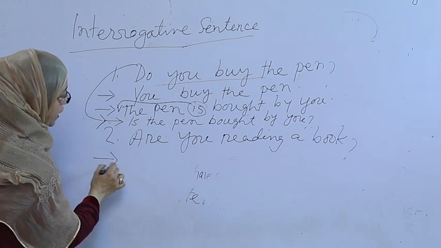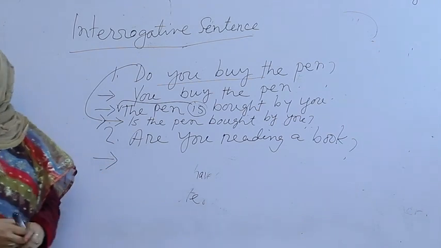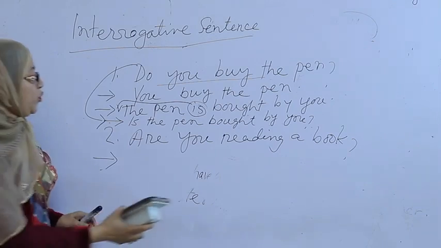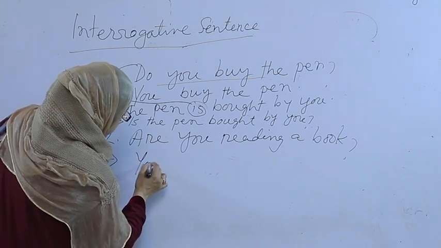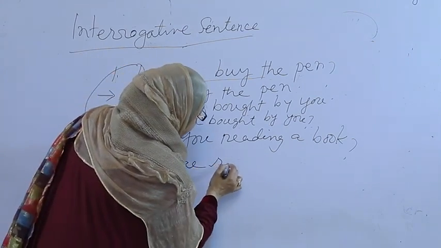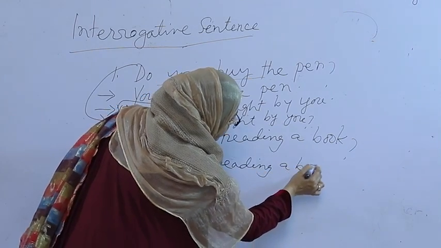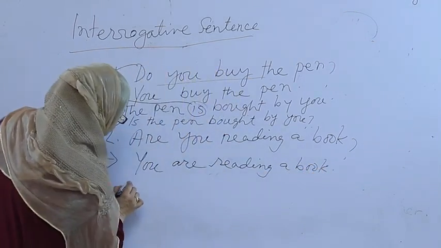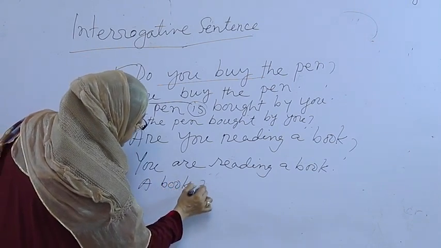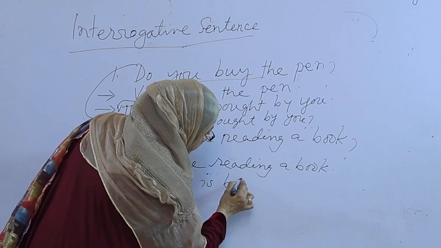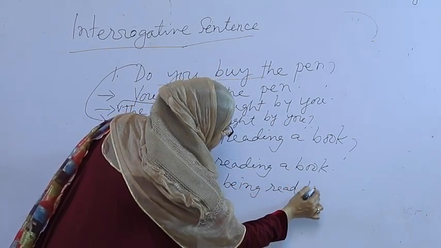And the second one: Are you reading a book? If I turn it into an assertive sentence, you are reading a book. And I turn it into passive: a book is being read by you.